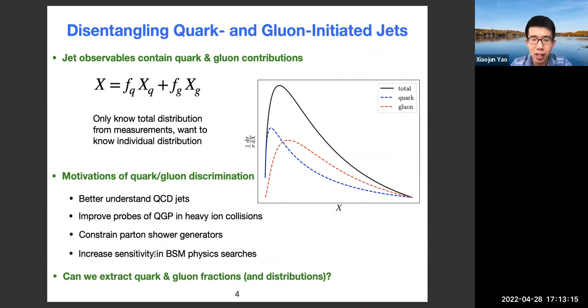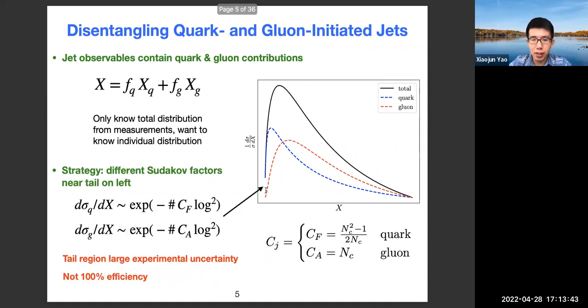And finally, people propose a lot of beyond standard model physics, and these are either more sensitive to quark jets or more sensitive to gluon jets. If we can separate quark from gluon jets, we can increase the sensitivity in our searches for beyond standard model physics. Okay, so the question we try to address is whether we can extract quark and gluon jets individually and obtain their fractions from a final total observable.